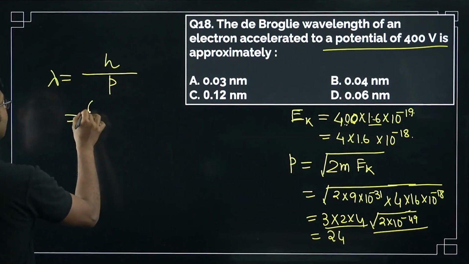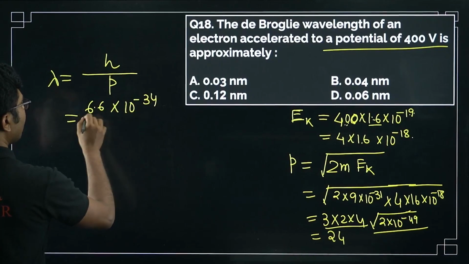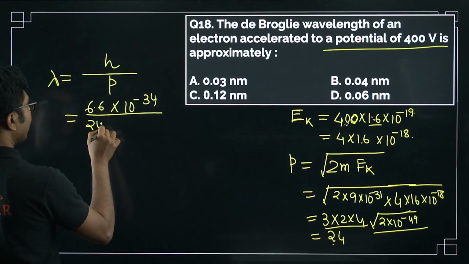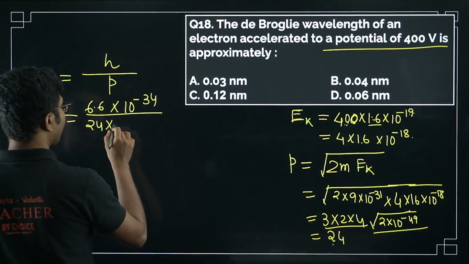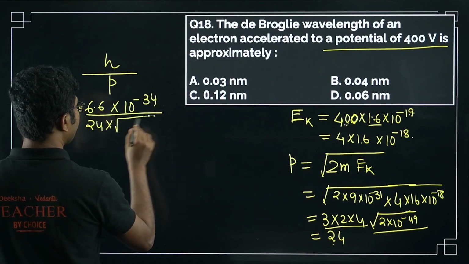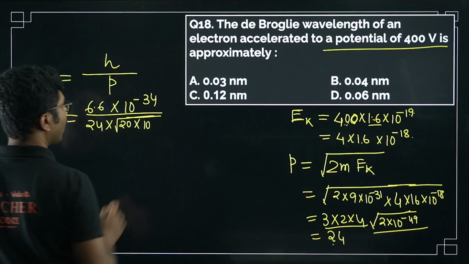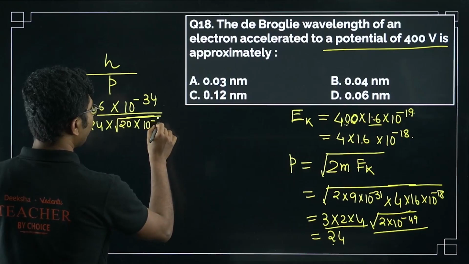So h is 6.6 into 10 to the power of minus 34 divided by the value we got, 24 into... now let us take one of the zeros from there, and we will make it 20 into 10 to the power of minus 50.